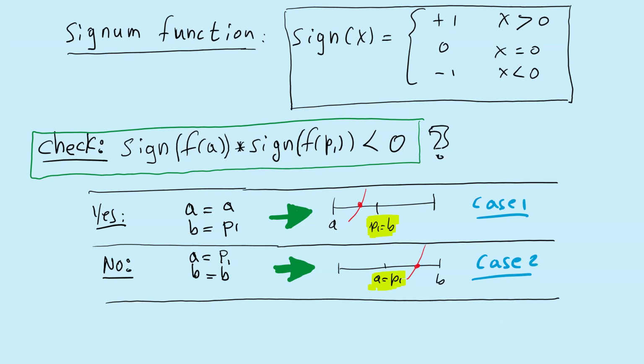But if the sign is positive, it means the root is located between the midpoint and B. For example, if we continue this graph, the value of the function at point P1 is negative, and also at A it is negative.